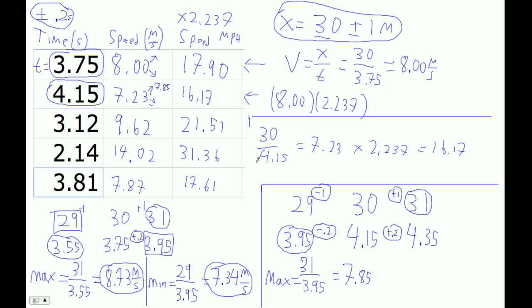Now we'll figure out the smallest it could be, in meters per second. The smallest it could be, our minimum, is the smallest numerator. It's one of these divided by one of these. So we'll make this one small and we'll make this one big. We use the biggest denominator. So 29 divided by 4.35.